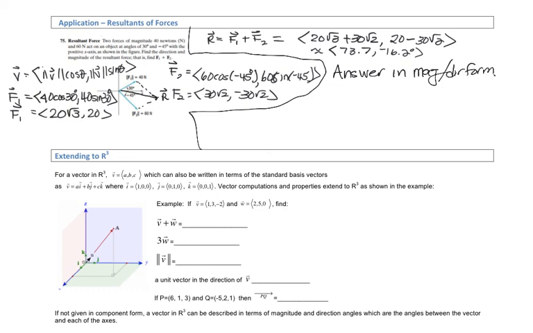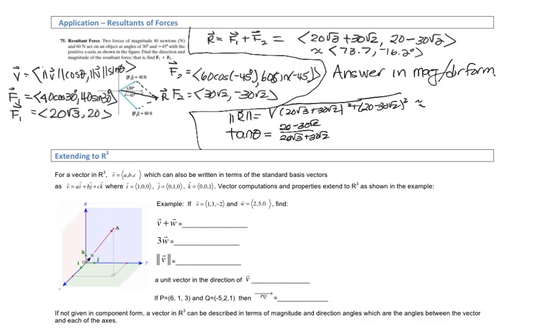So the magnitude of R is the square root of first component squared plus second component squared. Square root, again, exact. And I'd like to get an approximation too, to be real world. The tangent of theta is 20 minus 30 square roots of 2 over 20 square roots of 3 plus 30 square roots of 2.